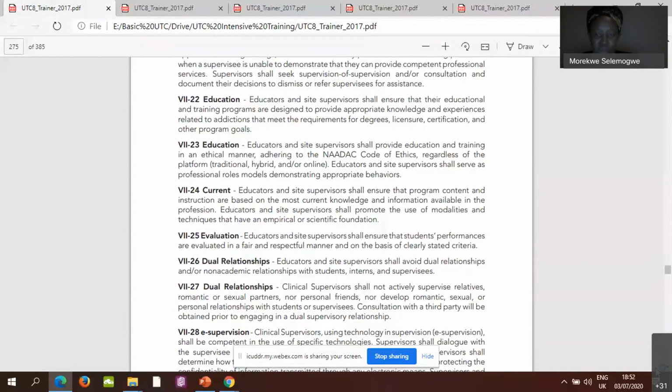Dual relationships. Educators and site supervisors shall avoid at all costs dual or non-academic relationships with students, interns, and supervisees. In terms of supervisors, at times a client comes into our office and we realize this is a person that we know. When you feel that you are not in a position to provide supervision to a supervisee, you can actually say so, especially if it's going to impede your effectiveness as a supervisor.